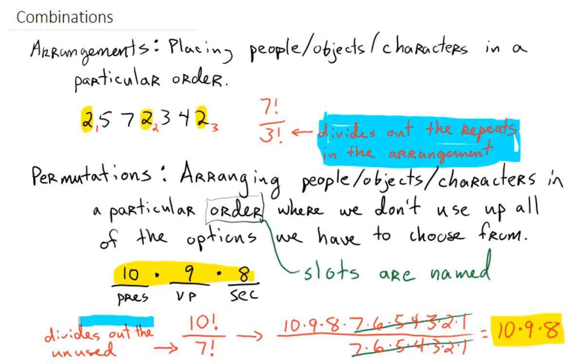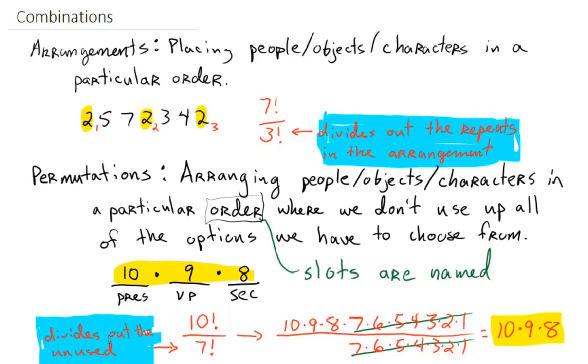And then with permutation, we divide out the unused numbers. Combinations are going to put both of these ideas together. So with combinations, we'll end up dividing out the repeats, and we'll also divide out the unused numbers. Alright, so all of that was review to lead up to how combinations we end up dividing by 2 factorials. So let's go ahead and clear out the screen and get started on combinations.